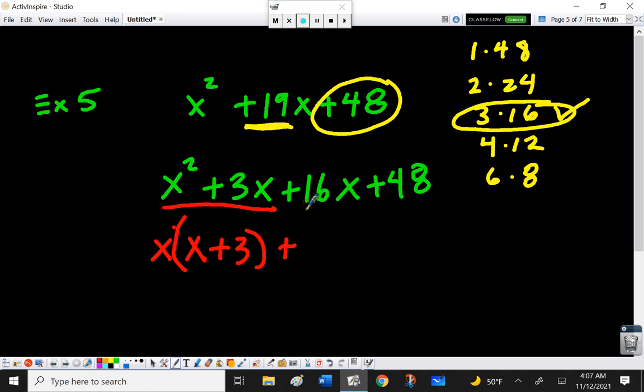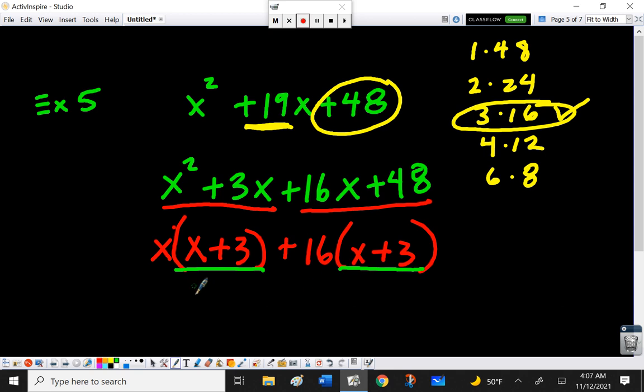The common factor here is 16, which will give us x plus 3. X plus 3 has been popping up a lot lately, huh? Coincidence. That'll be x plus 3 and x plus 16.